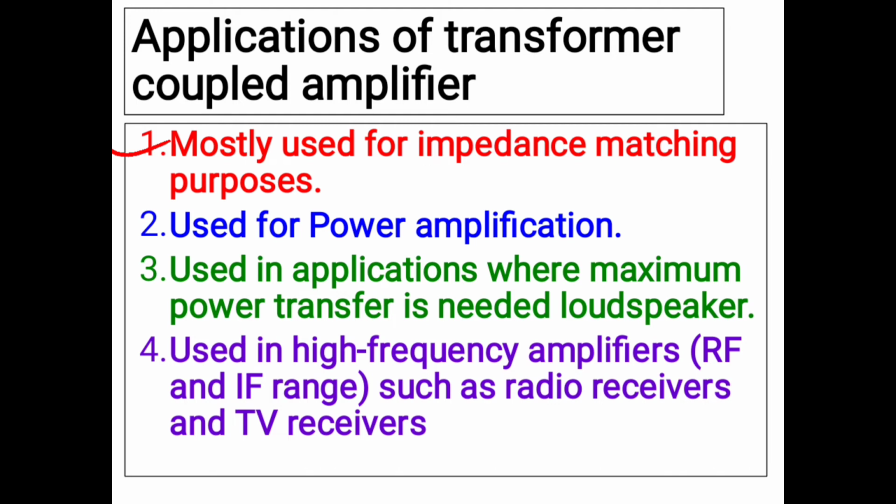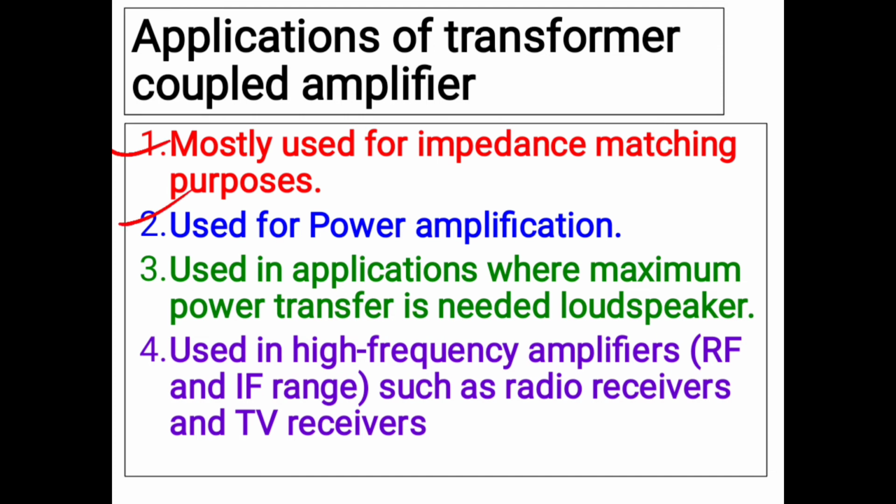We can overcome the problem of poor impedance matching in the RC circuit by replacing it with a transformer coupled amplifier. Here we can expect that impedance matching will be good, or better than the RC coupling method.